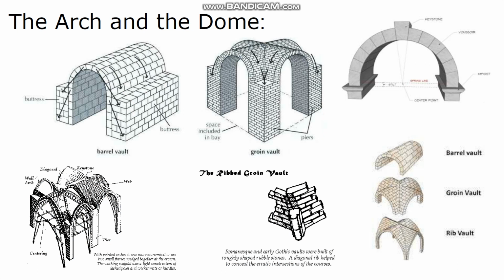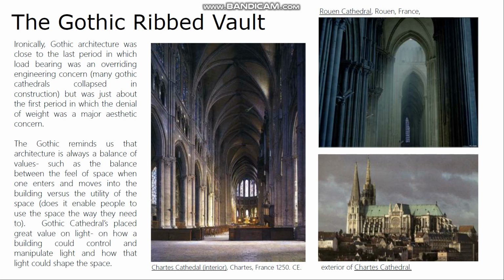Whereas with a Gothic ribbed vault and these triangular based archways, you start creating spaces where you can intersect all different kinds of angles, aisles that are not lined up perfectly perpendicular or parallel to each other, and it allows you to open up the space dramatically.